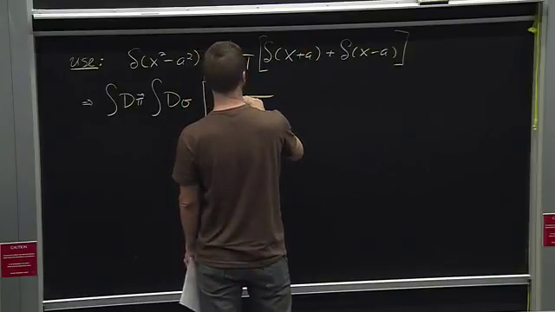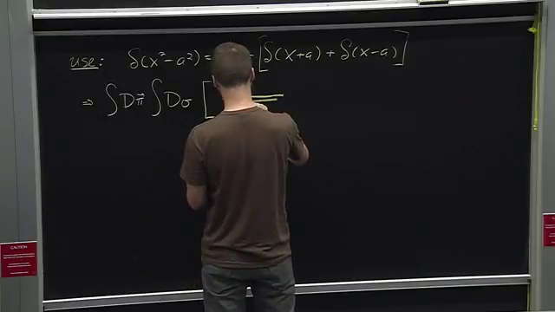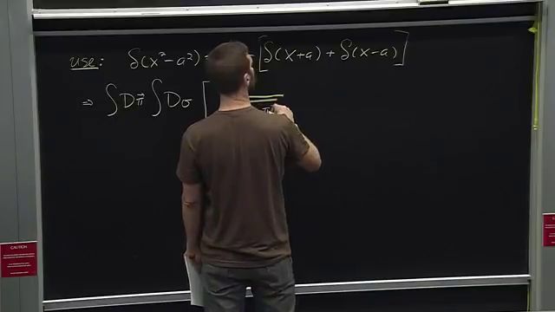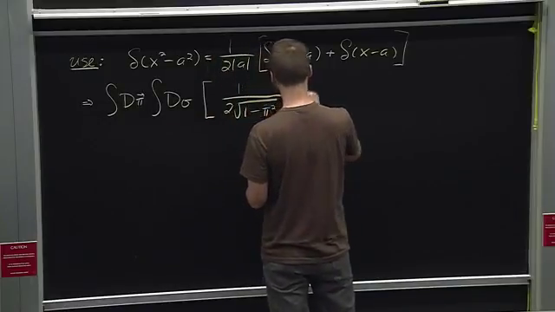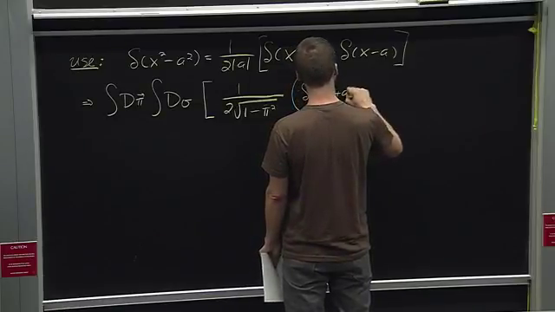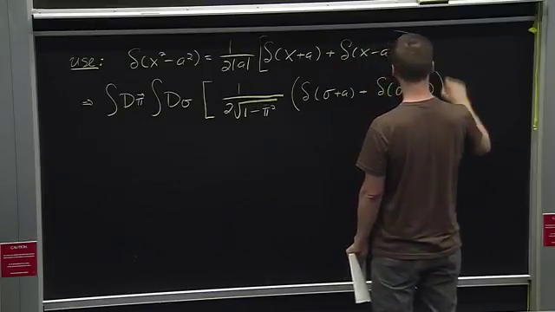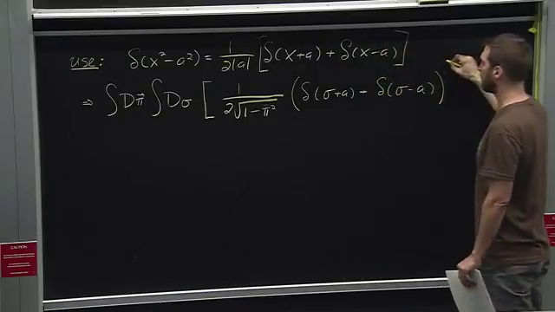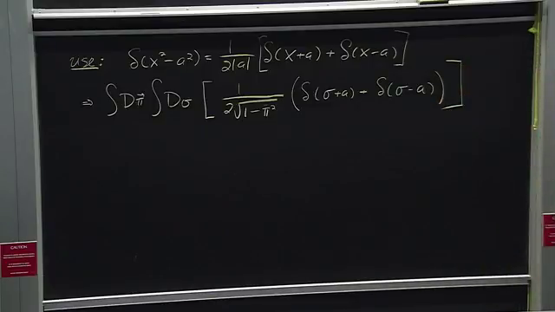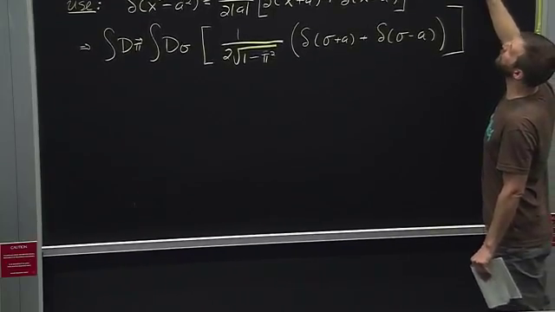My a is going to be pi squared minus 1 minus pi squared. And then delta of sigma plus a plus delta of sigma minus a. And use those delta functions to do the sigma integral. So you have to do it in a functional integral sense, but this is nothing too crazy.